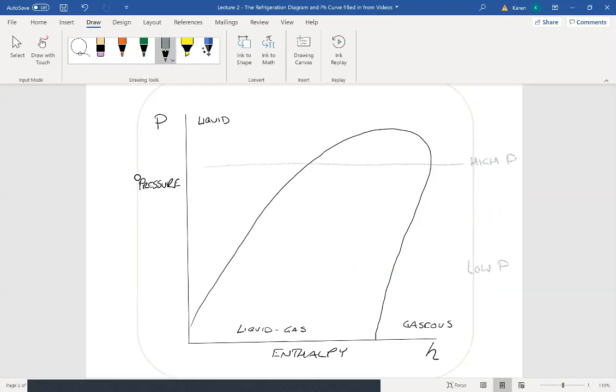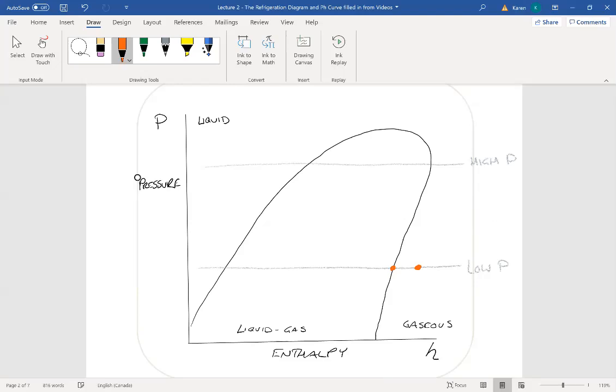So let's take our low pressure line, and we better not pump liquid through a compressor. So we could start here, but we have to make sure that we're good and out of that liquid state.